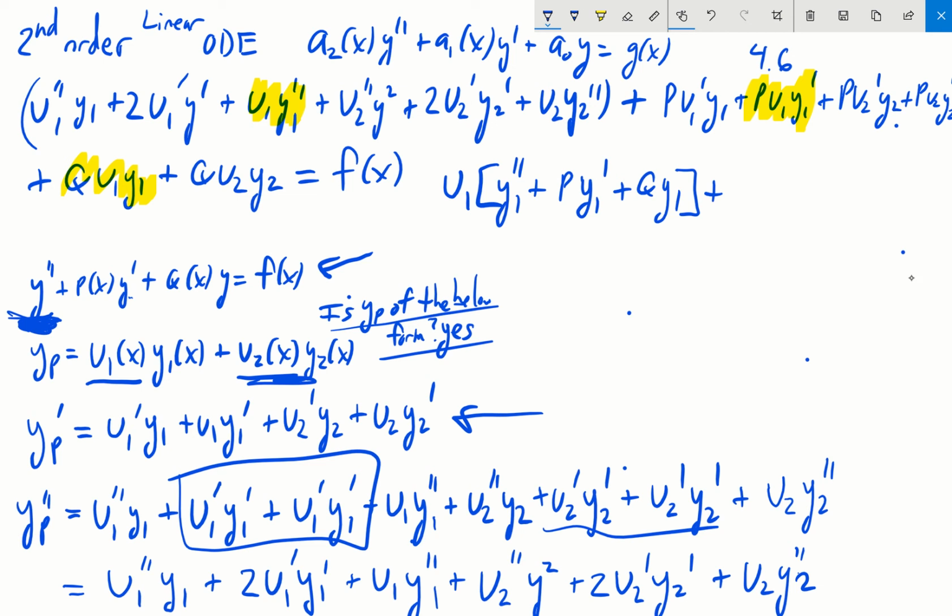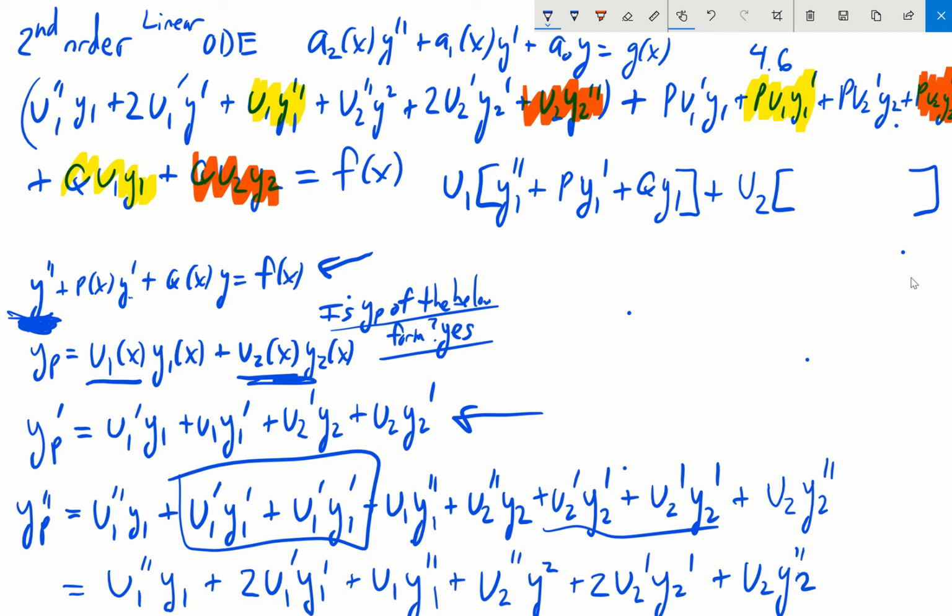Now let's write all of the terms that have a u2 with them. Where are our u2 terms? There's a u2 term here, a u2 term here, and then we also have a u2 term here. Those coefficients, if I write them down, I feel like there's a derivative missing here.